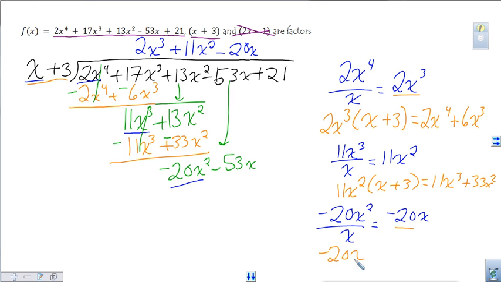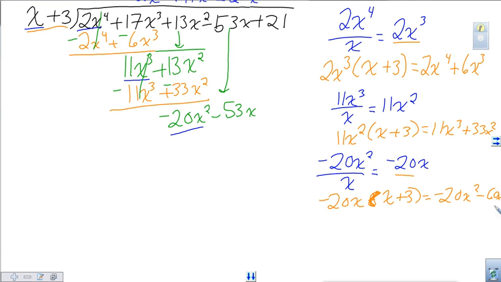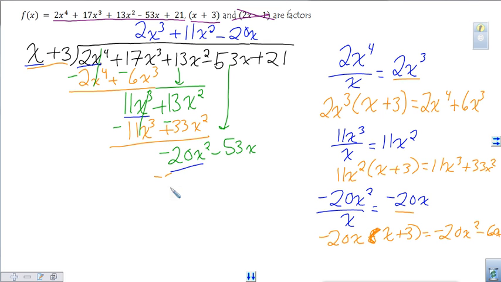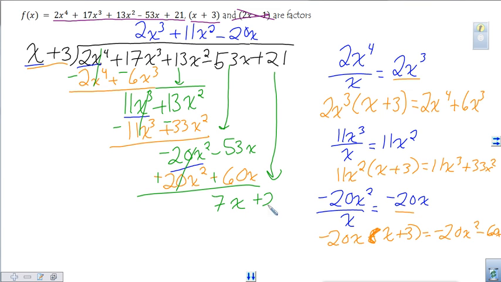Negative 20x times our x plus 3 is negative 20x squared minus 60x. That goes underneath this one. We're almost done. And then we change our signs. Add straight down. Cancels. This gives you 7x. Bring down the 21. Last number to bring down, which means we're almost done.